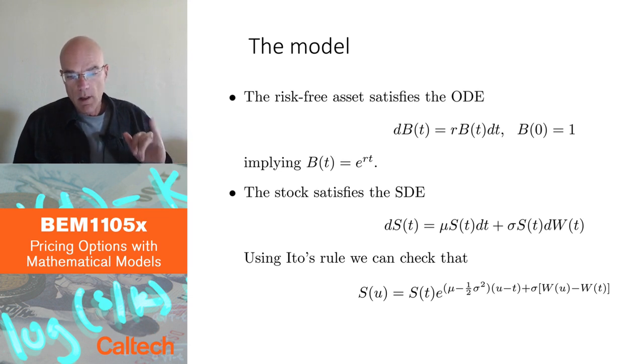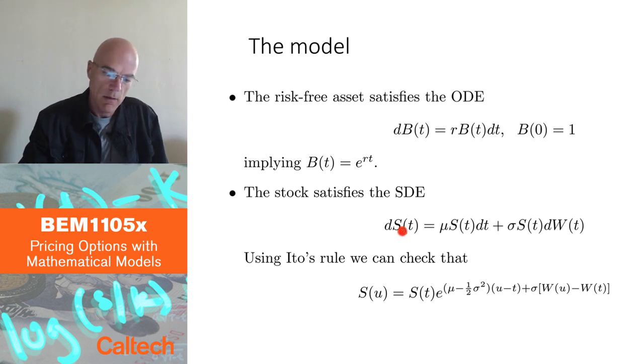And there is one stock, and the stock satisfies a linear stochastic differential equation. The change in S is a constant mu times S dt plus a constant sigma times S, the change in Brownian motion. Okay? This is a linear stochastic differential equation. There is a linear term here, linear term here, which means that it's actually solvable like linear ordinary differential equations.